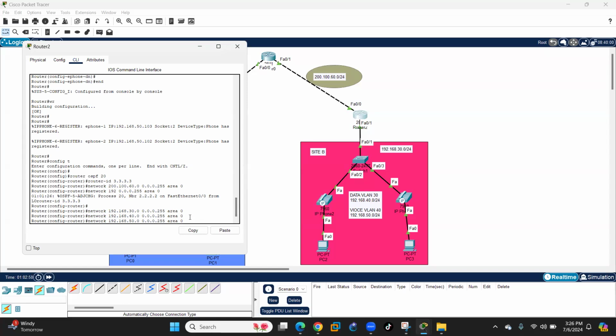Well, the standard is to use wildcard mask, because even if you use subnet mask, the router will still convert it to wildcard mask for you. You can try subnet mask instead of wildcard mask here and it will still work, but I'm not advising it. Use a wildcard mask when you are doing OSPF.